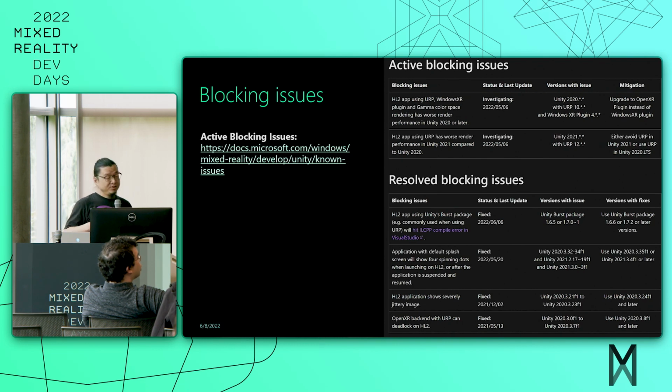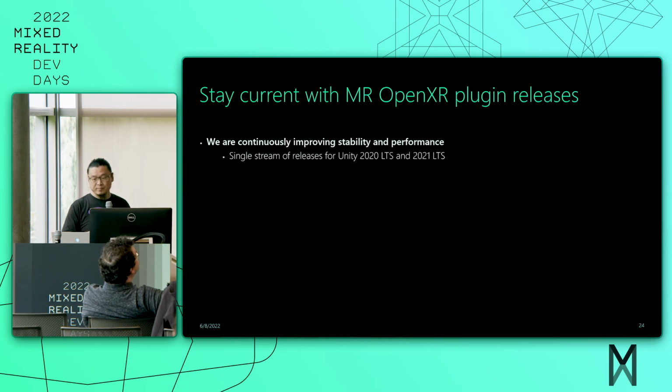So if any issues show up on this table, it means our team has been engaging with the partner teams to find a solution and to release a fix as soon as possible. As you can see, we're making continuous improvements to the stability and performance of our plugin and our OpenXR integration with Unity.